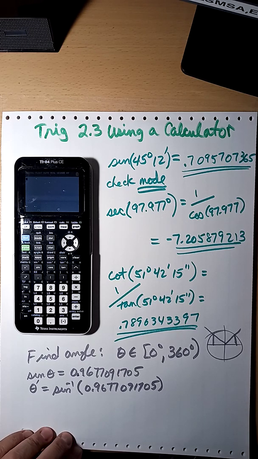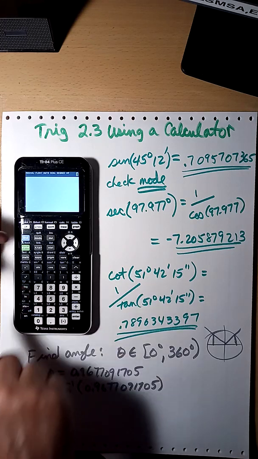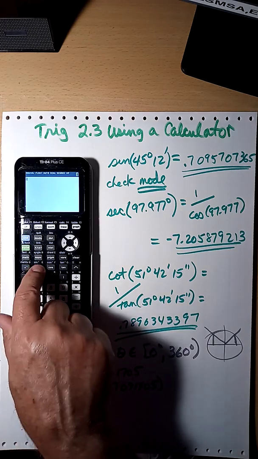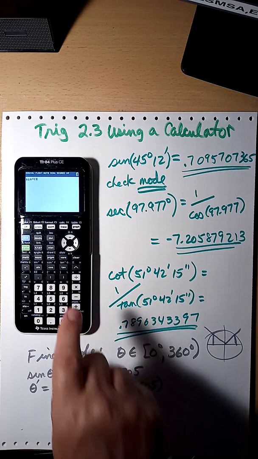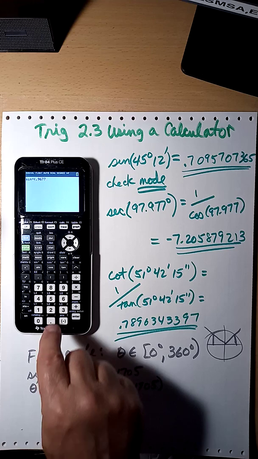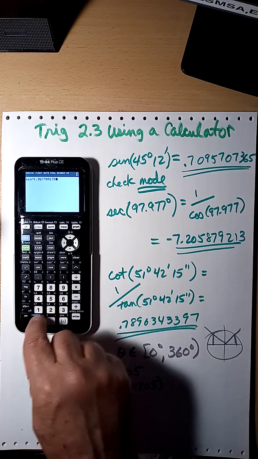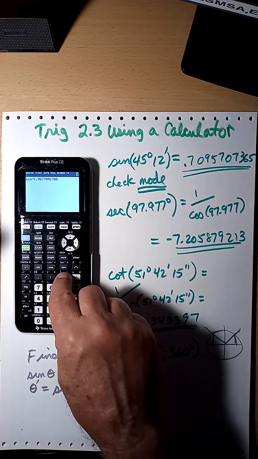Let's see here. If we put that in, inverse sine is second sine. You don't need the 0, you just need the 0.9677091705, and then close the parenthesis.